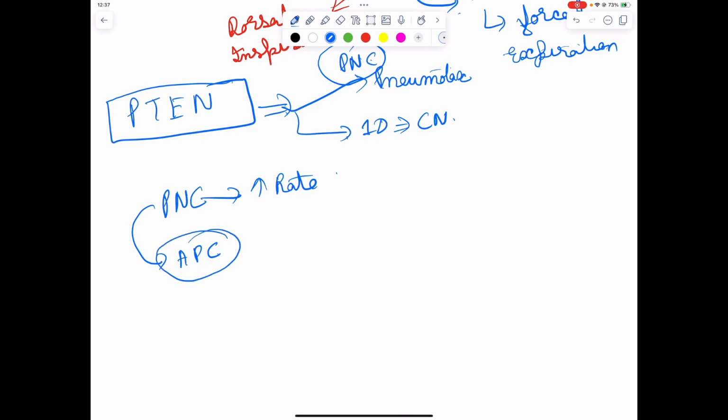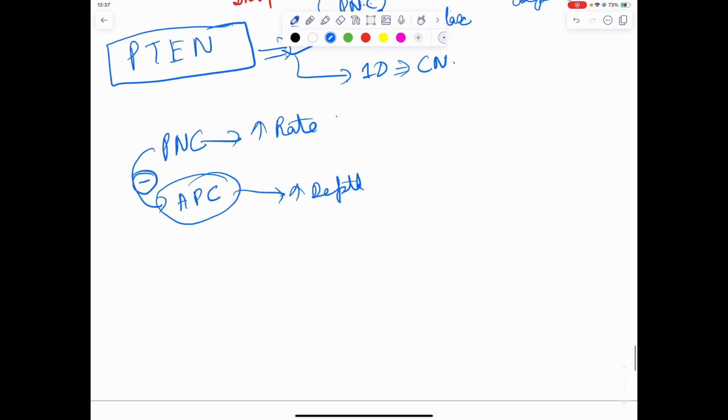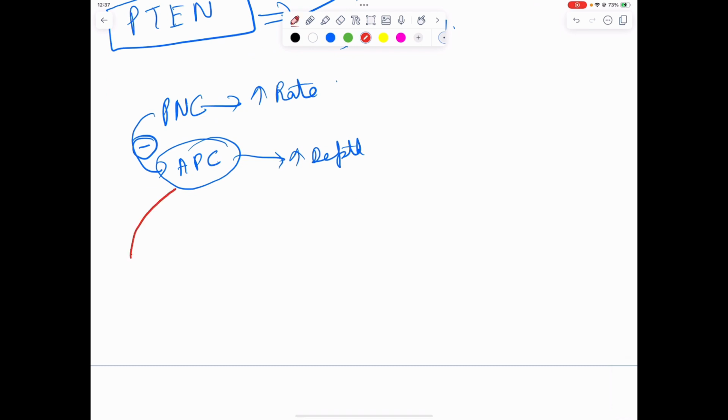Now what does the apneustic center do? It increases the depth. So the pneumotaxic center inhibits the apneustic center. But the 10th cranial nerve also stimulates the apneustic center. So when the 10th nerve is cut, the apneustic center is not inhibited, and when it is not inhibited, there will be an increase in the depth of respiration. So what is there?